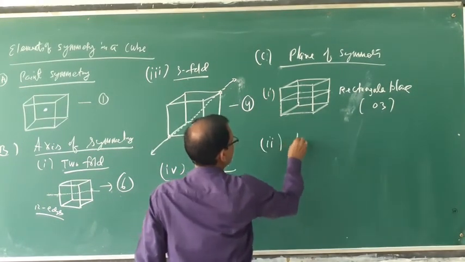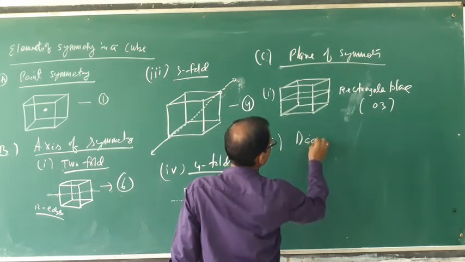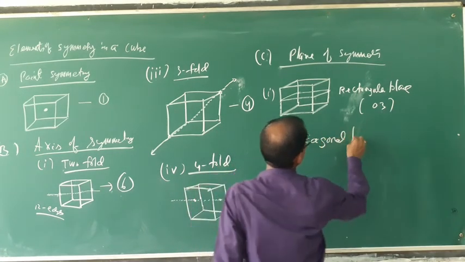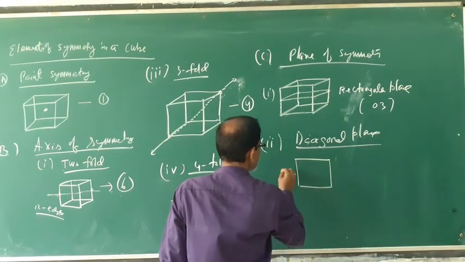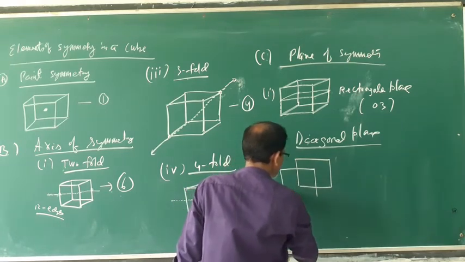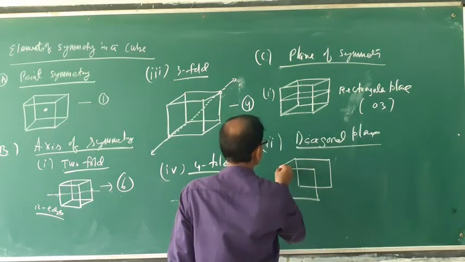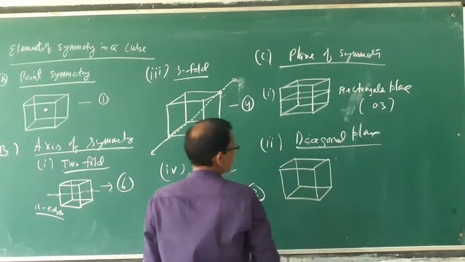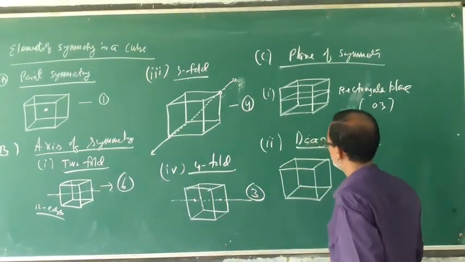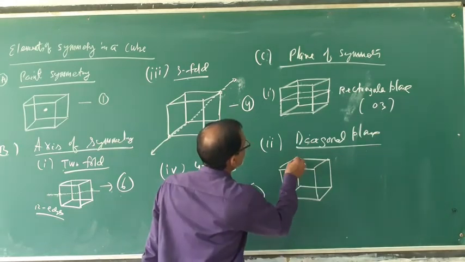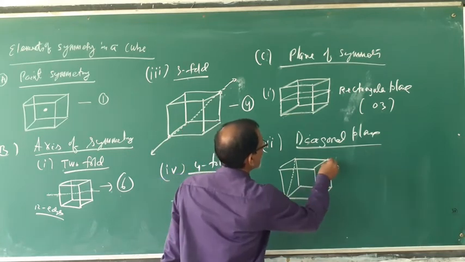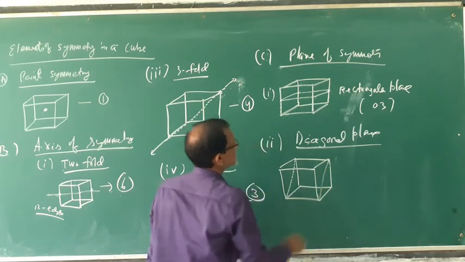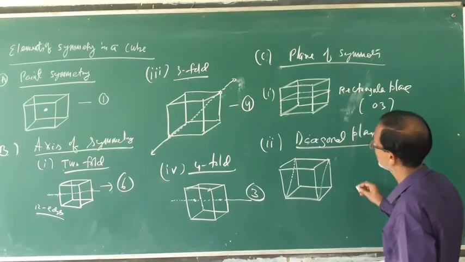Diagonal plane. Diagonal plane means you draw the cube like this. Diagonally means you join just like this. Diagonal means join 2 diagonals like this. Just you see.